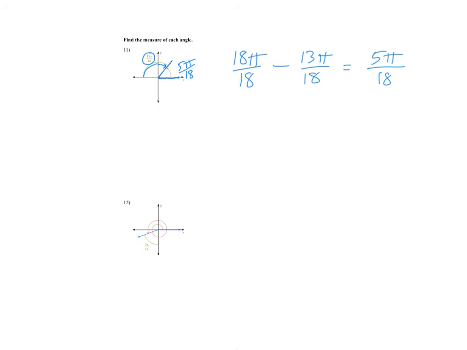5 pi over 18 plus 13 pi over 18 is 18 pi over 18, which is pi, half a revolution. This problem has a little bit more drama to it because we're going for one full revolution and a half revolution and a little bit more. So we need to figure this out in terms of pi. And again, the angle that we're given here, which is coming off this vertical axis, is 7 pi over 18.